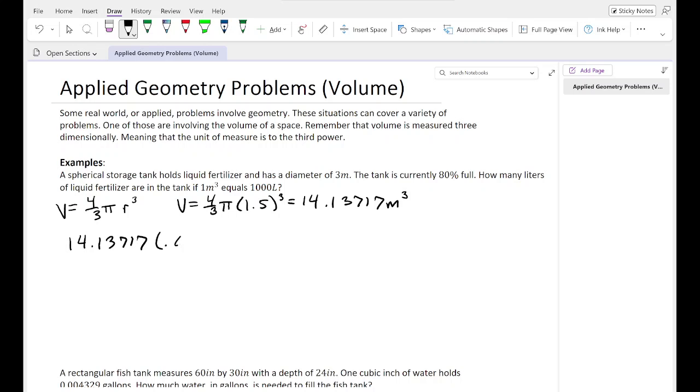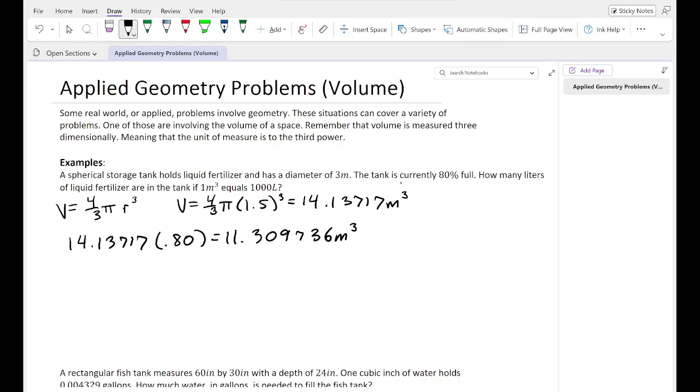So converting it to a decimal, 0.80, I'm going to end up with 11.309736 cubic meters. Again, I round a little bit deeper just because I don't want to deal with any rounding errors at the end, because you don't want to do all the work and get an answer wrong at the end. A longer decimal approximation in the middle is usually safest.